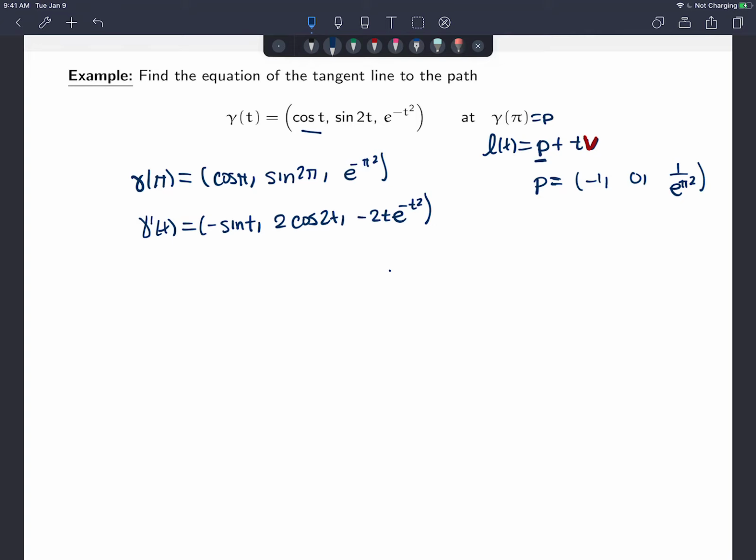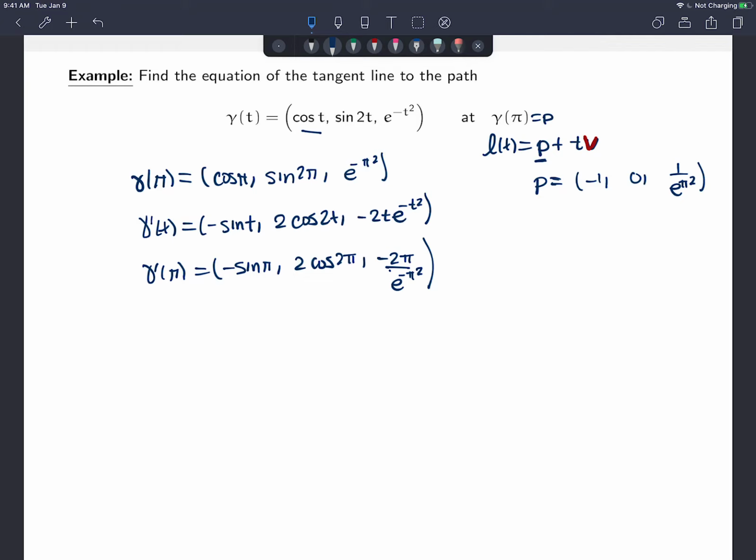So now I'm going to find this gamma prime at pi. It's going to be negative sine of pi, 2 cosine of 2 pi, and negative 2 pi e to the negative pi squared. I want to write it like the other one, so e to the negative pi squared in the denominator, like that. Okay.